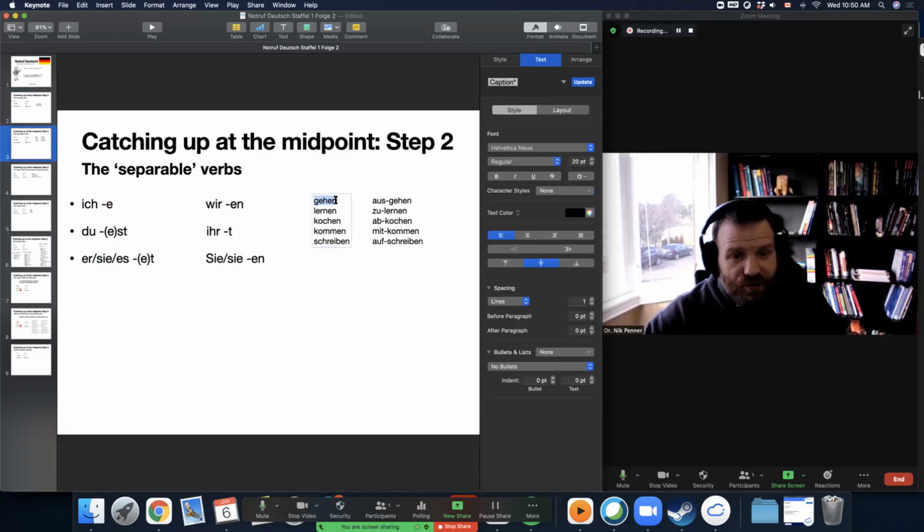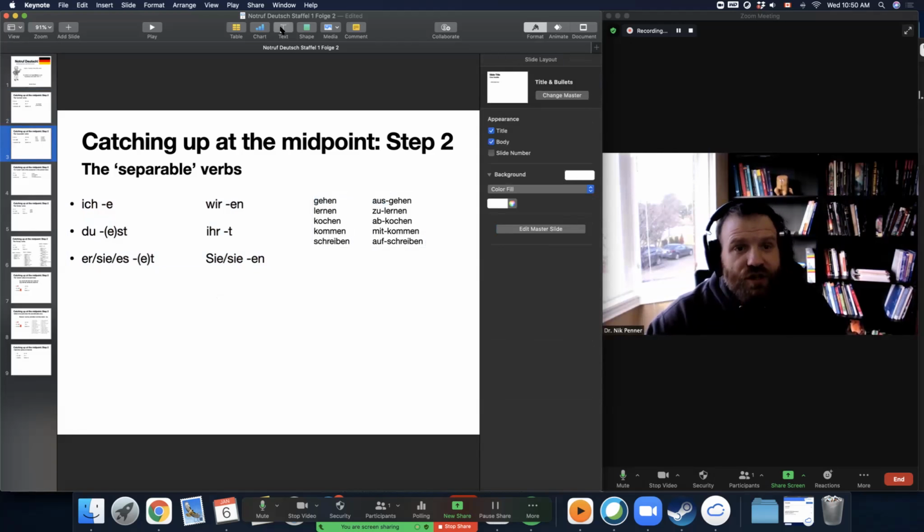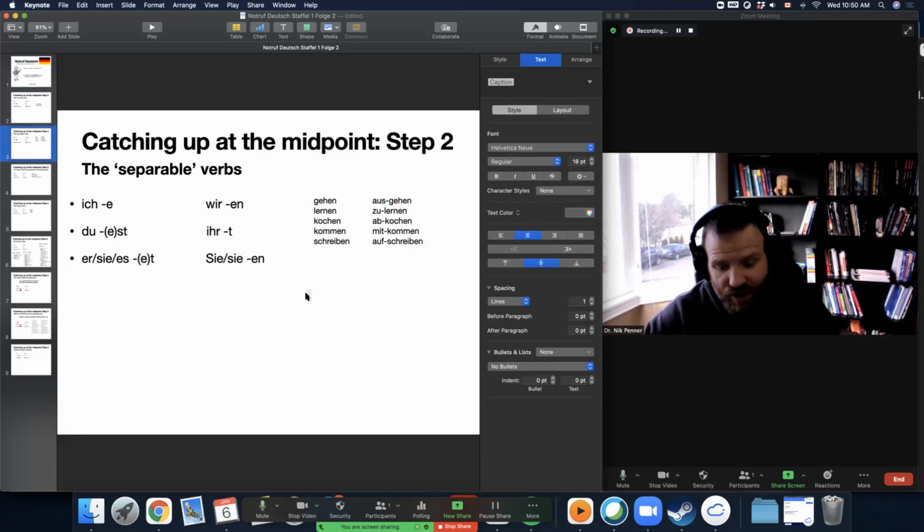So each verb in German can have this special prefix that goes in front of it. In English, they usually go after the verb. So in English, we have to drop, but we also have to drop somebody off. Right? In English, it's not a prefix, it's a particle, it goes after the verb.